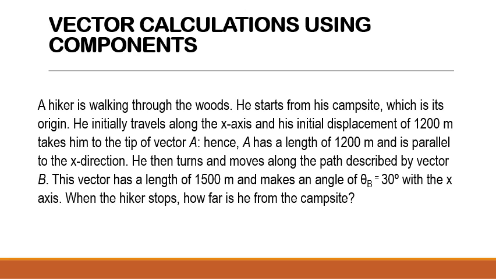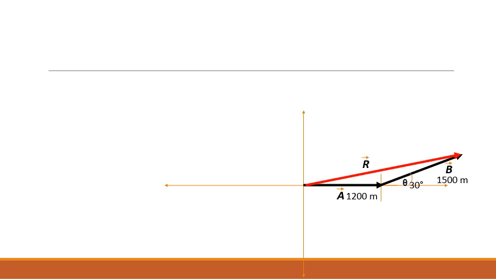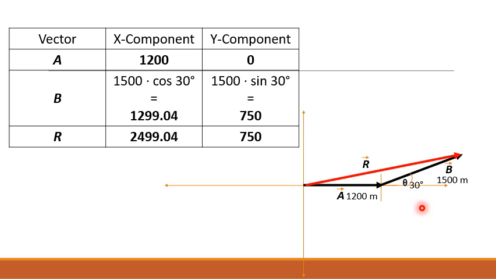So we will represent this vector through this. Vector A, vector B, and this is the resultant vector. And vector B is forming 30 degrees from the positive x-axis. Now, how to solve for the resultant of each component? Let's get the x component or horizontal. X represents horizontal, y represents vertical component.